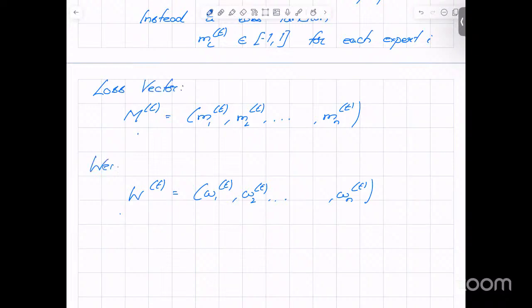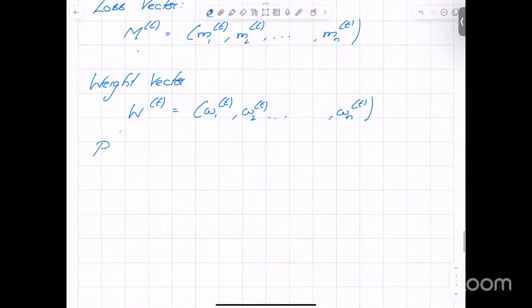Then we have the probability vector, Pt, this is the distribution.